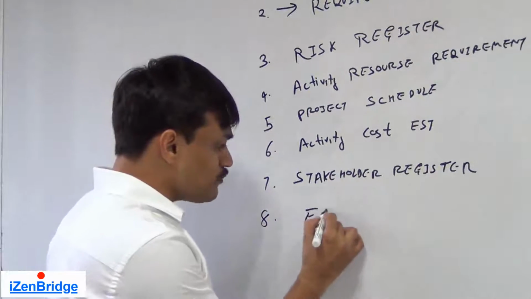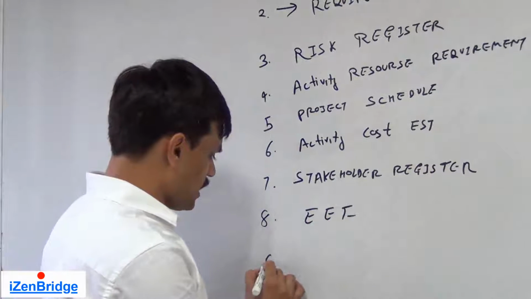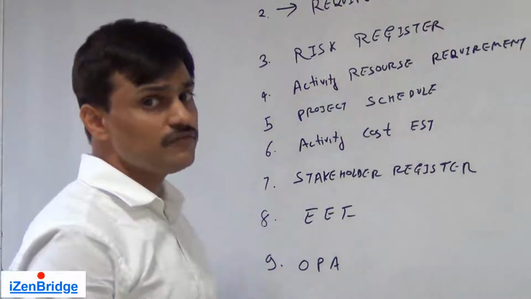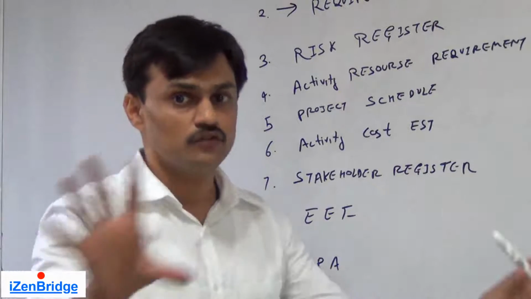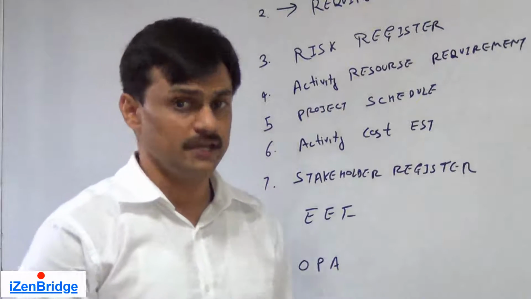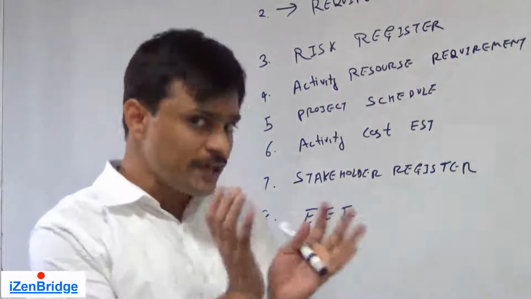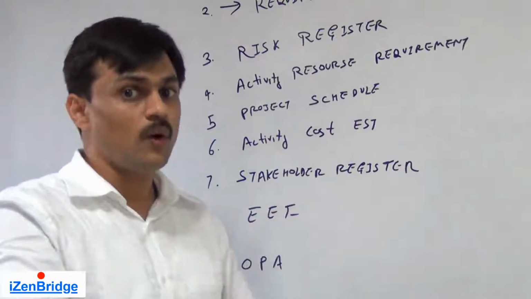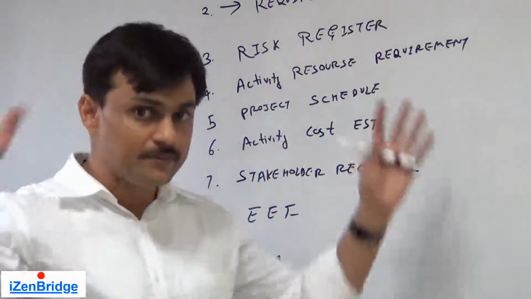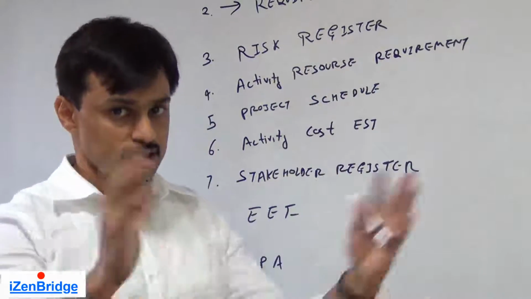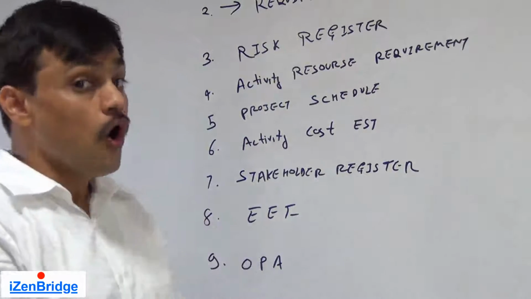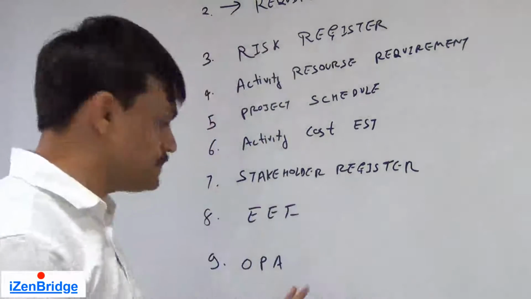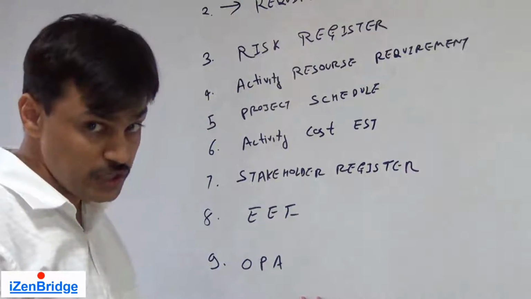The enterprise environmental factors and organizational process assets. Enterprise environmental factors will tell us what kind of surrounding atmosphere we are operating in. Is it okay to procure something of this type from outside? What kind of market rate or labor environment is there? Organizational process assets: in PMBOK, the contract types are discussed in organizational process assets only.